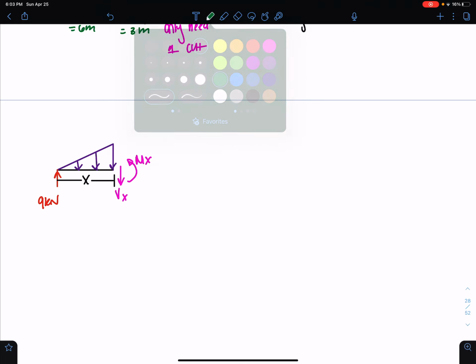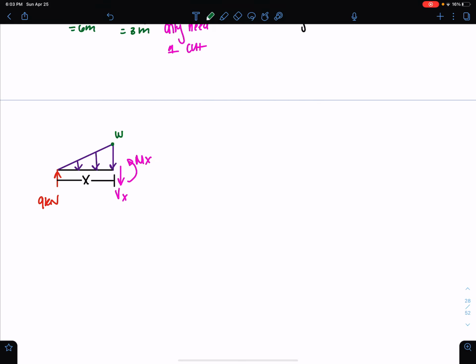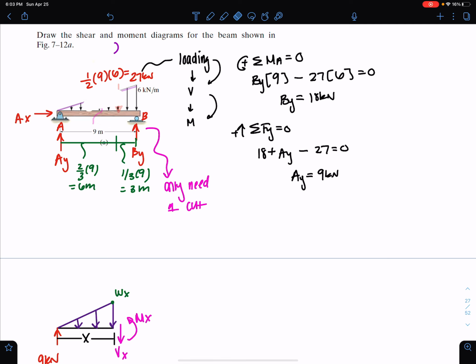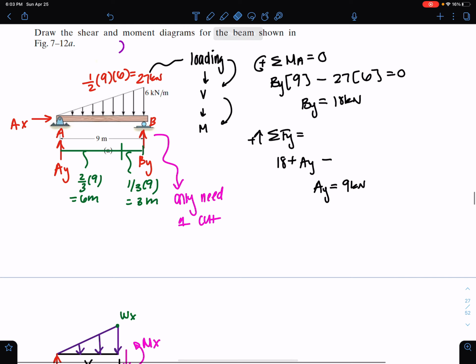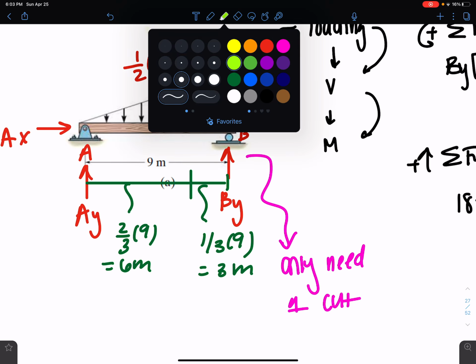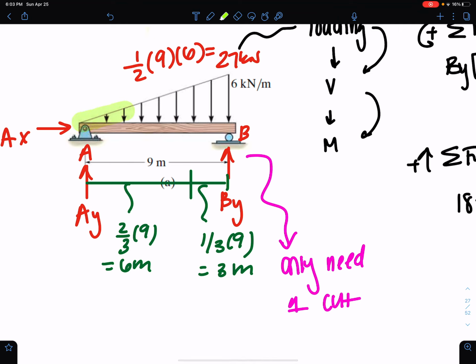And now the question here is, what is the magnitude of this triangular distributed load? So I'm going to pull back here so that we can figure this out. And I'm going to erase some of this, all this stuff here, so we can take a better look at this triangle.